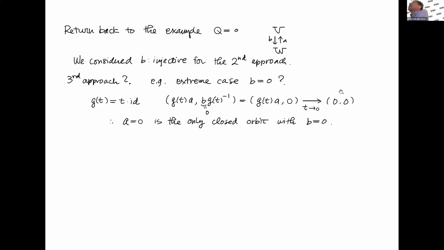So this is a closed orbit because you cannot move it. And the other orbits, with A non-zero, are not closed because of this consideration. Okay. So there are many orbits, B equals 0 and A could be non-zero, but if I just restrict my interest to the closed orbit, then A is automatically 0.